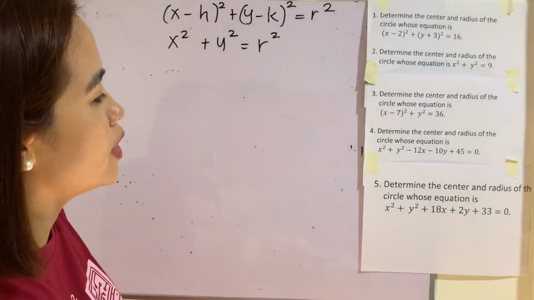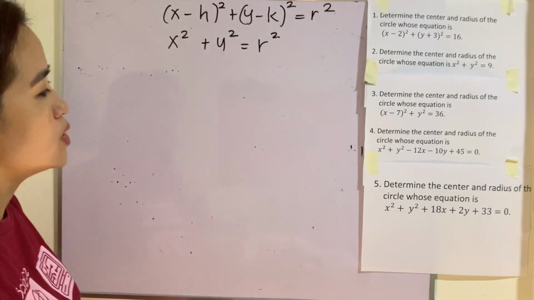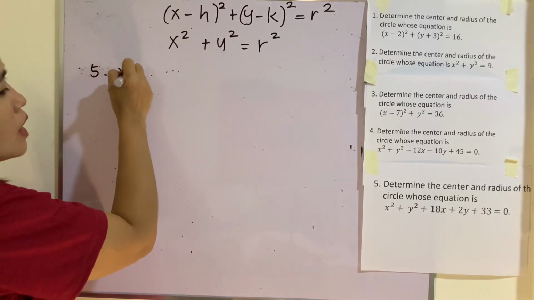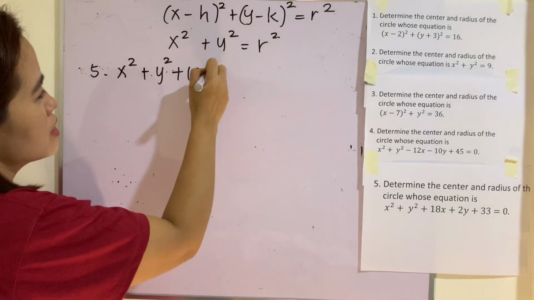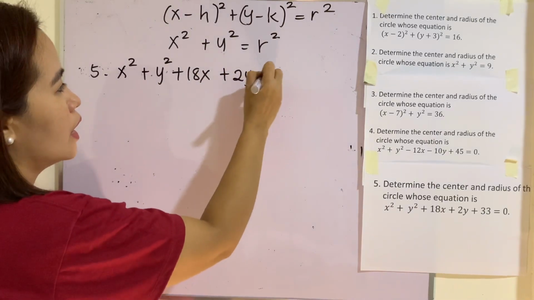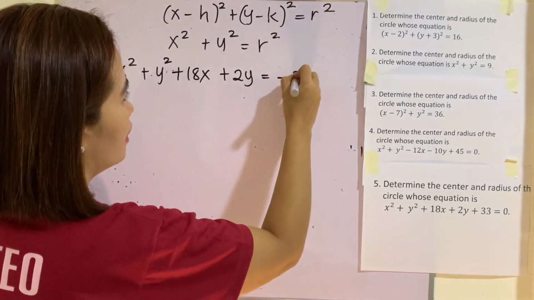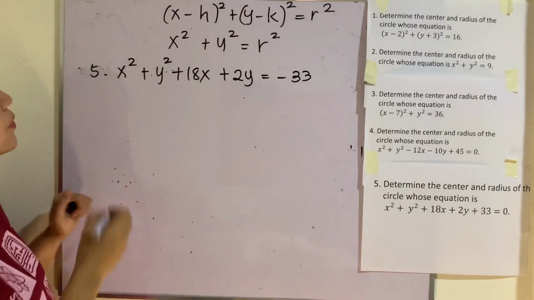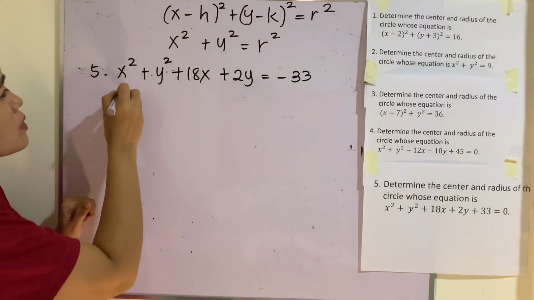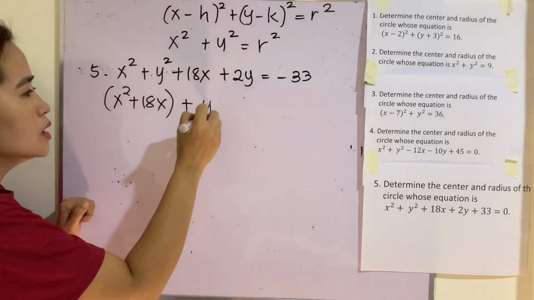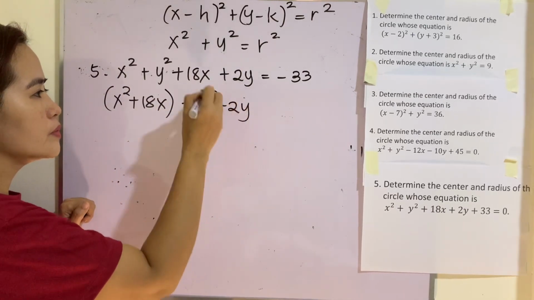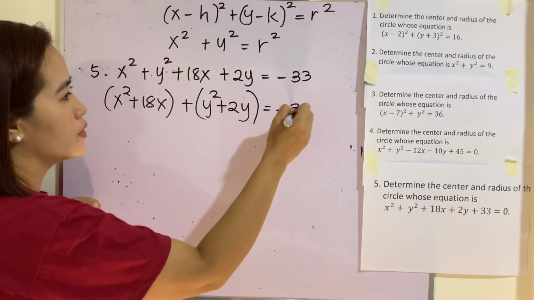The center and radius of the circle whose equation is x squared plus y squared plus 18x plus 2y. Again, we will need to isolate the 33 there, so that is negative 33. And then this one is x squared plus 18x, group terms with x, group terms with y, negative 33.